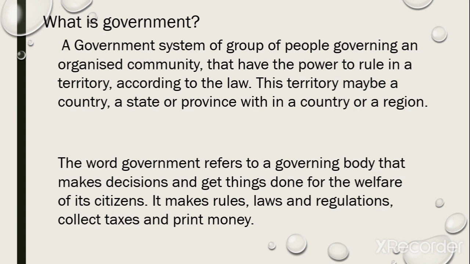Another simple definition: the word government refers to a governing body that makes decisions and gets things done for the welfare of its citizens. It makes rules, laws, and regulations, collects taxes, and prints money.